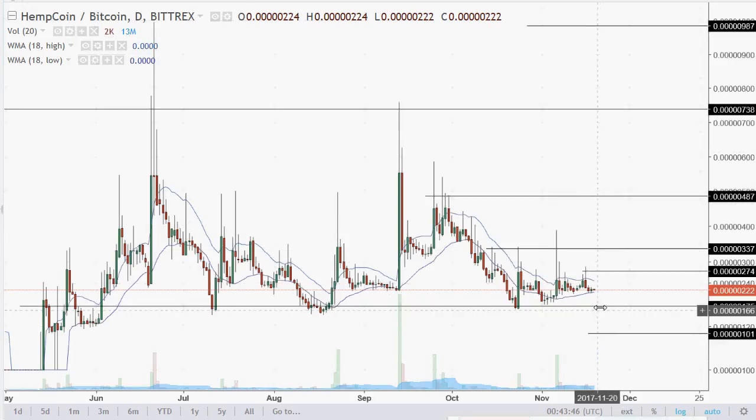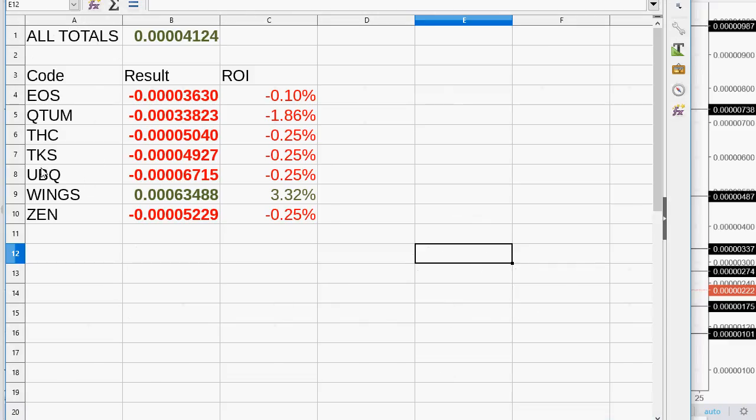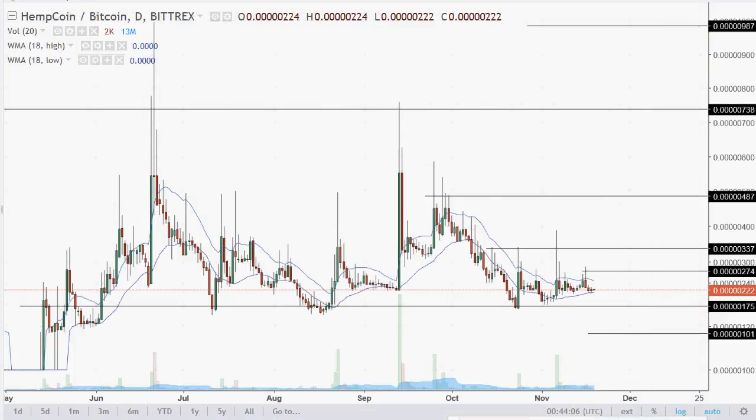And we can see in here that there's this sell order in at 274, 337, 487, 738, and 987. And a buy order in at 175 and 101. The next one is TKS.